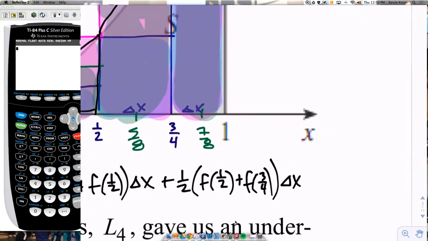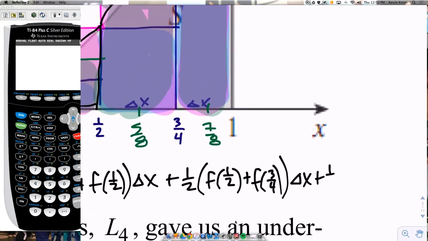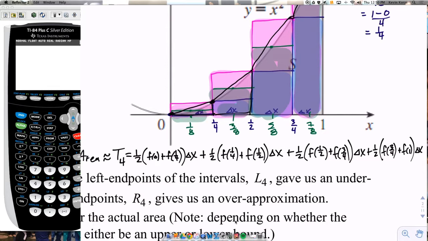And then the last one, I'm kind of running out of room here. It'll be 1/2 times f of 3/4 plus f of 1, and then all times delta x. I got it in there. All right, so that's just 4 trapezoidal computations.